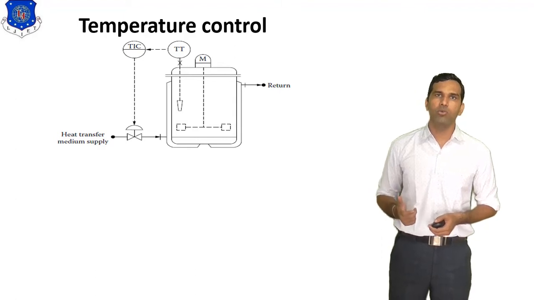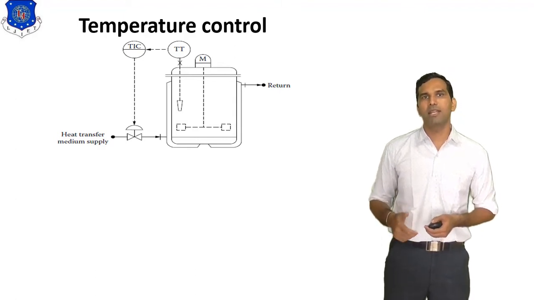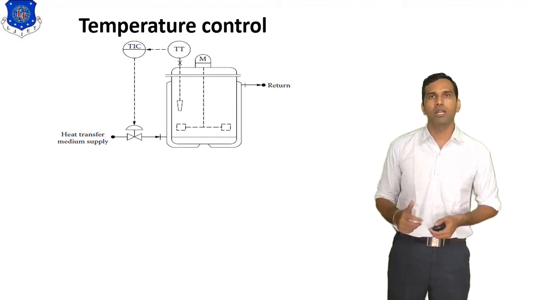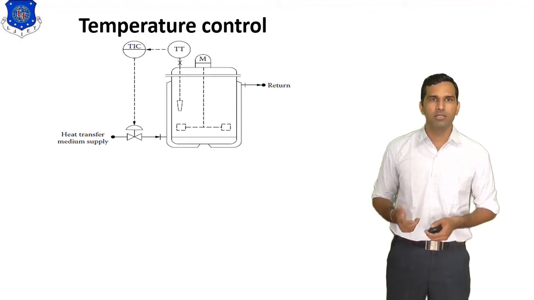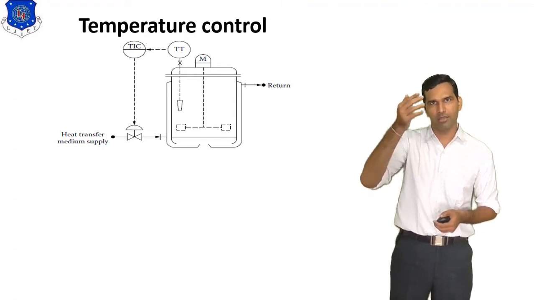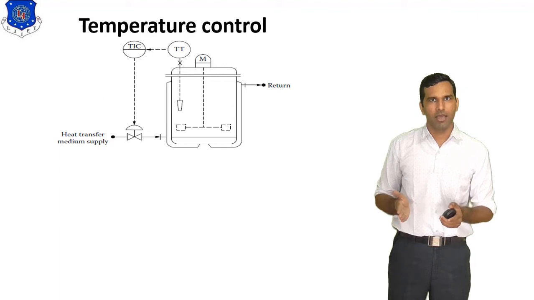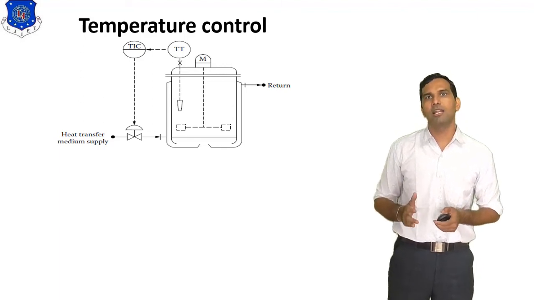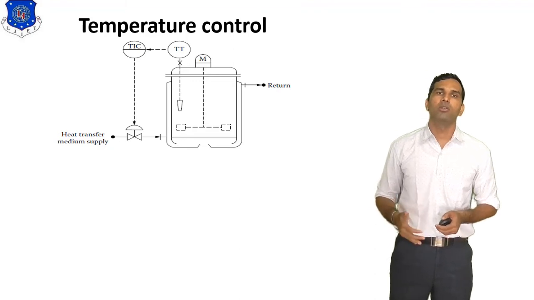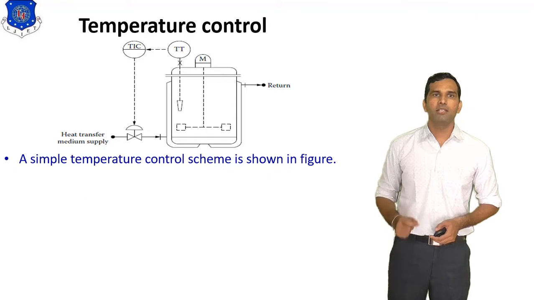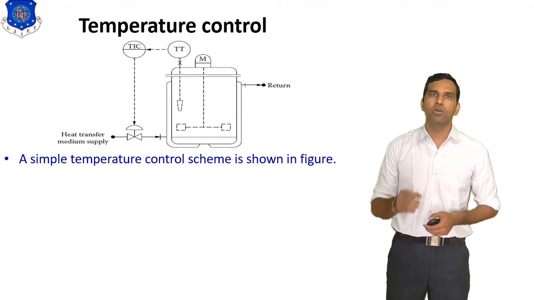According to the temperature sensed, the temperature is controlled by the throttling valve. The heat transfer supply runs in the surrounding jacket, and by using this heat transfer supply, we control the temperature inside this vessel. A simple temperature control scheme is shown in the figure.